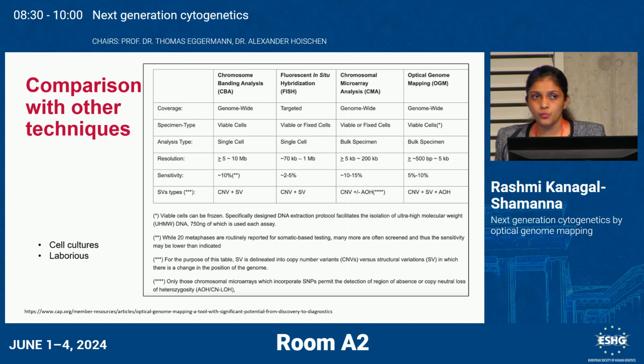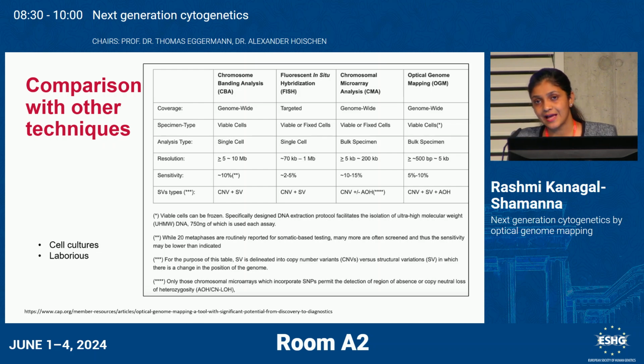Again, compared to the other technologies, these are the advantages and disadvantages of OGM. OGM is a genome-wide technology, similar to conventional karyotyping, as opposed to FISH, which is more targeted. I'll let you go back and review the table here, but the most important thing is it does not require cultured cells, so it's particularly useful in cases where you're not able to grow them.